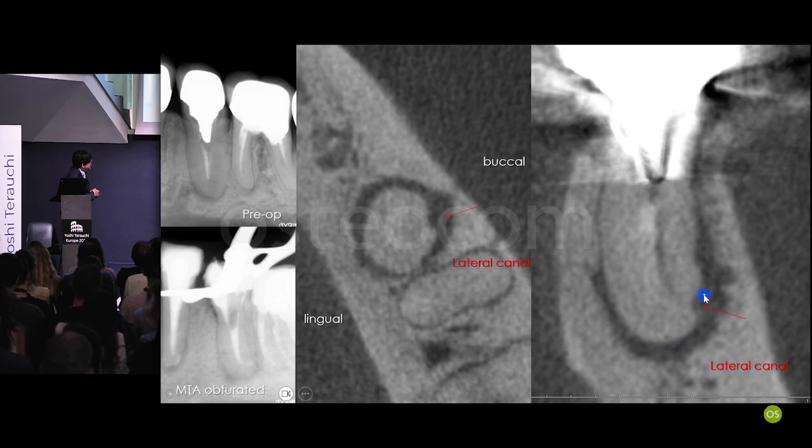But you do have the apical foramen on the buccal side. If you don't take CBCT, you may keep looking for the apical foramen at the apex, but there's no apical foramen at the apex. So this is very important. If you don't take CBCT, you will not reach the apical foramen.